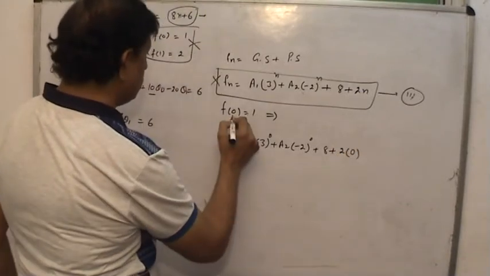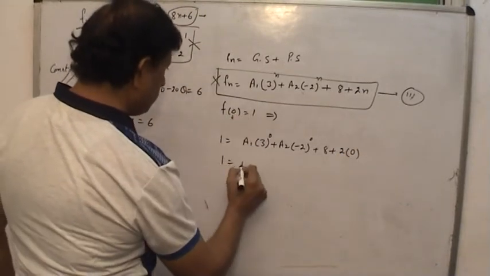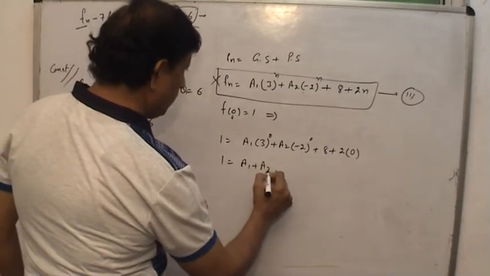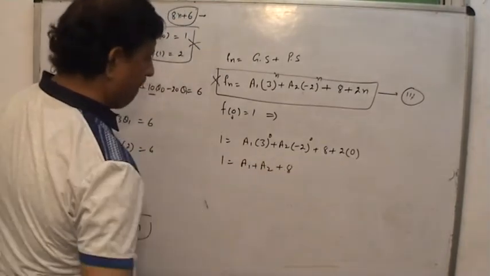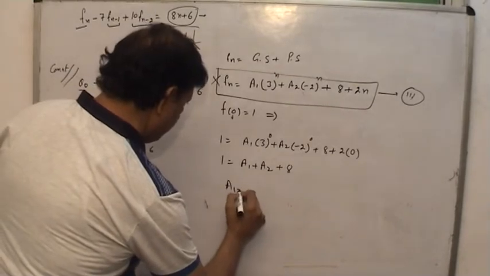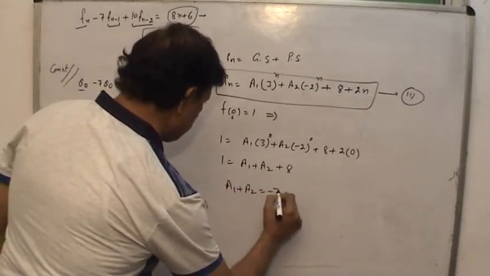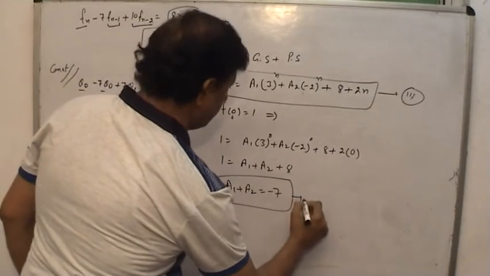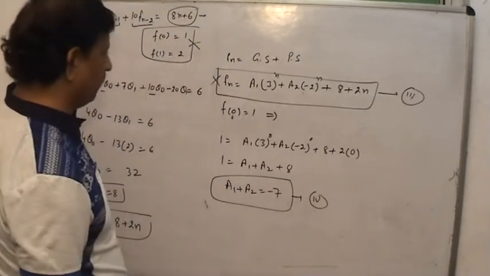Here n is 0. And 1 is equal to a1 plus a2 plus 8, or we say a1 plus a2 is equal to minus 7. Say it is equation number 4.